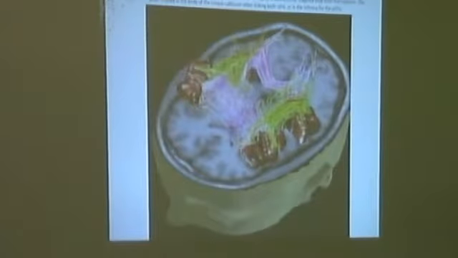This is a 3D rendering of a language network. Those red bits are the cortical areas, regions of interest, left and right. So even though I've said language and speech are specialised in one hemisphere, they're in both.